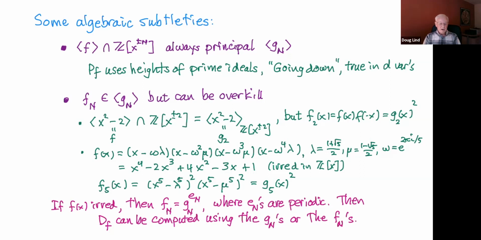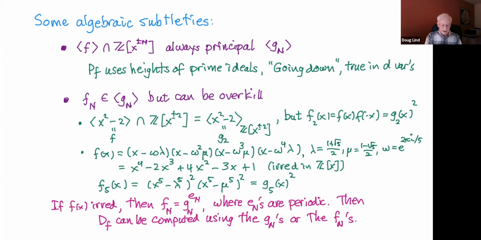And this can happen in more interesting ways. I've given one example here where I've taken the golden ratio and its conjugate and multiplied by various powers of the fifth root of unity. You'll get an irreducible polynomial in Z[x]. It looks like this. And its fifth decimation will be a square, because if you take the fifth powers of those roots and the fifth powers of those roots, the omega powers all go to 1, and you'll get a square factor here, another square factor here.